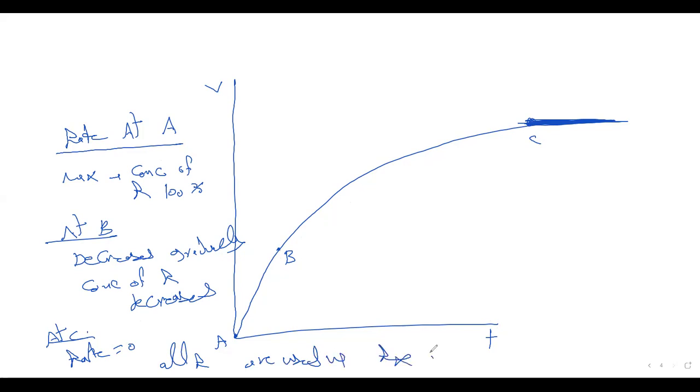Reaction is finished. So, rate is maximum at the beginning because the concentration of reactant is 100%. Then rate decreases gradually as the concentration of reactant decreases, and then rate stops or equals 0, all the reactants are used up, reaction is finished.